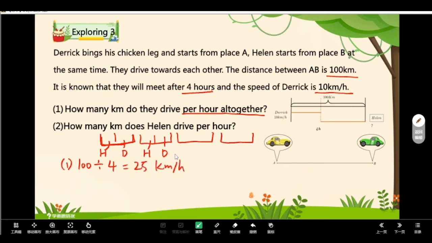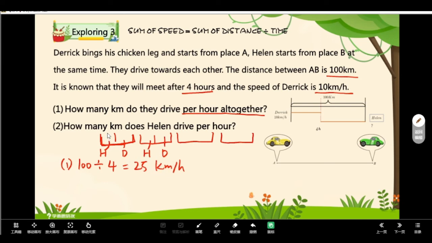This is the total distance that Helen and Derek go within 1 hour. We can know that this is the sum of our speed, because the distance traveled within a time unit is speed, right?